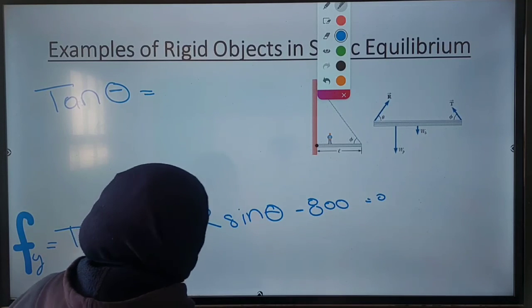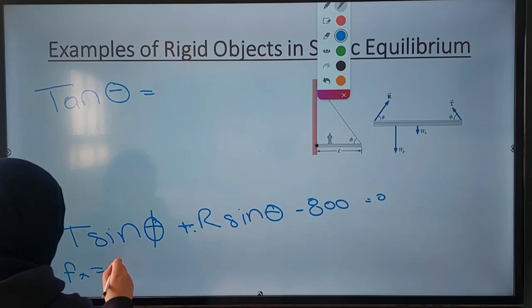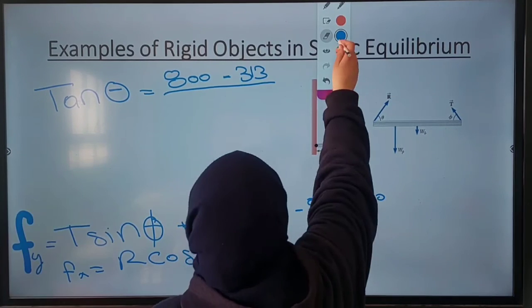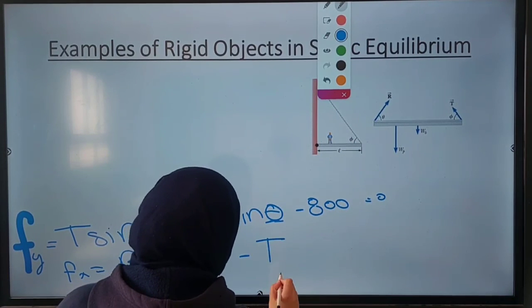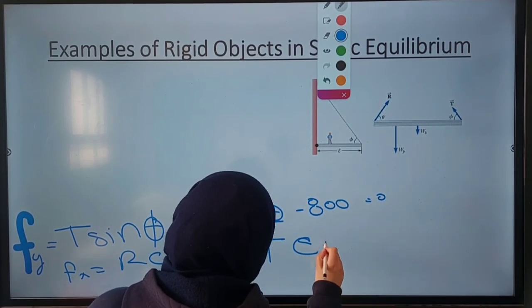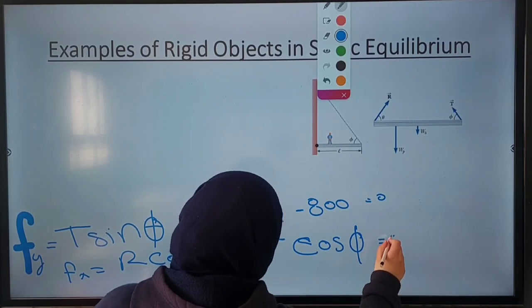And in the x-axis, R cosine theta minus T cosine alpha equals 0.